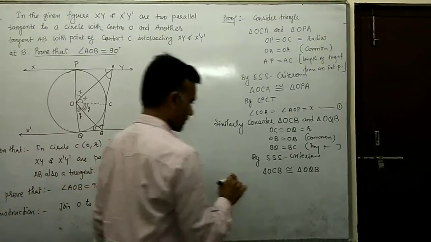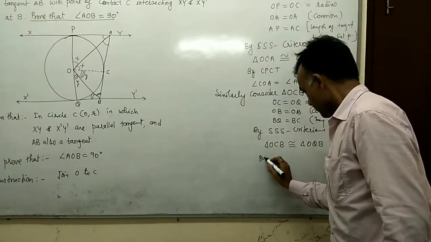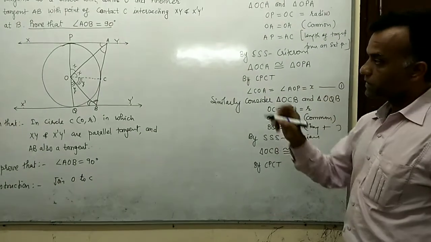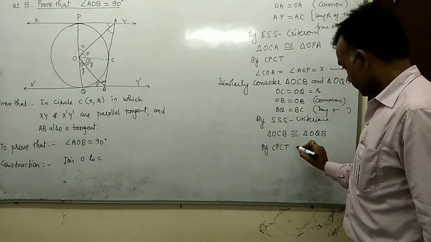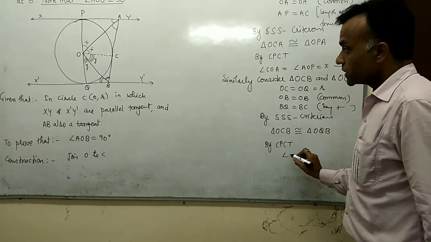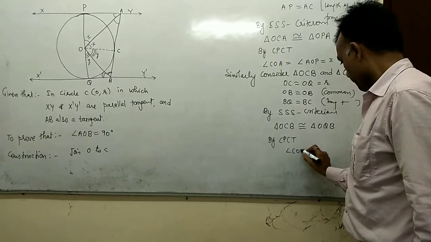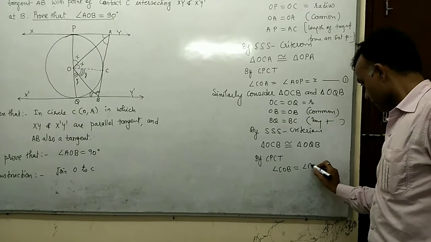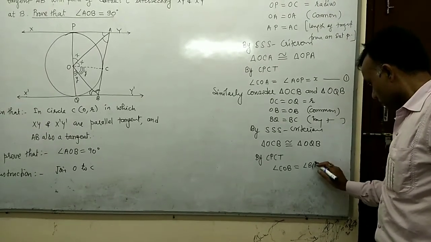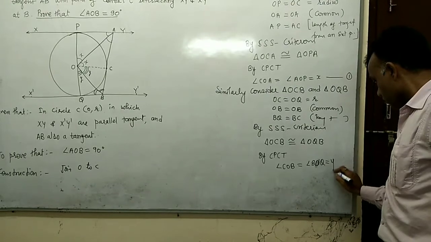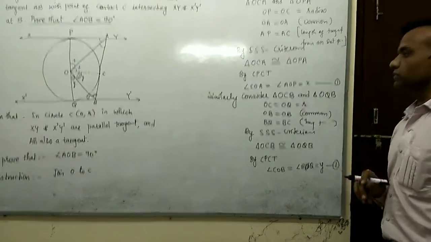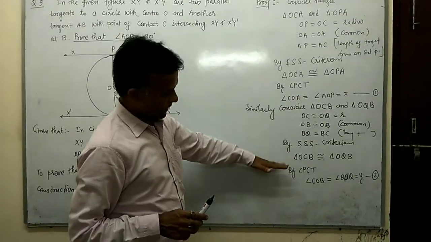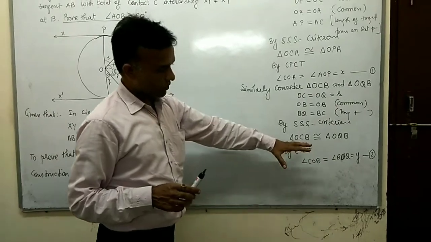So by CPCT, angle COB is equal to angle BOQ, equal to y, and we call this equation 2. Then we have angle COA equal to AOP, that is x, and the second equation: COB equal to BOQ, that is y.